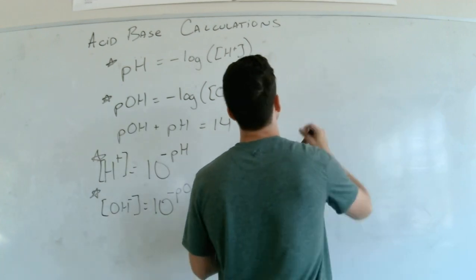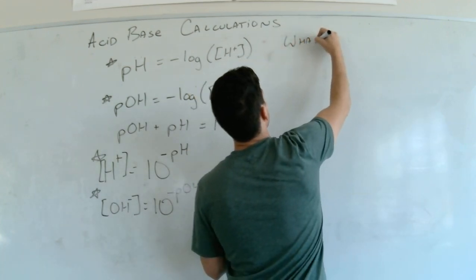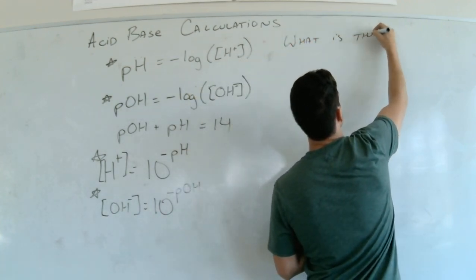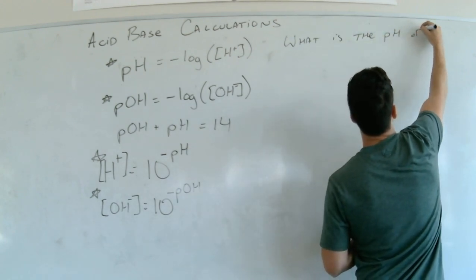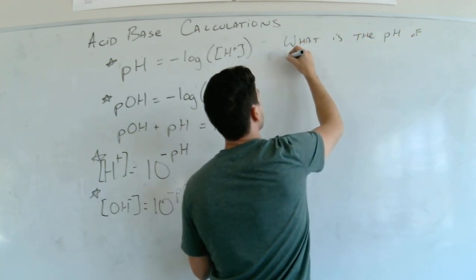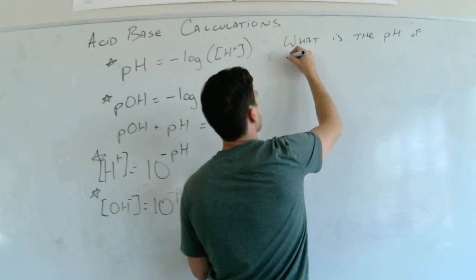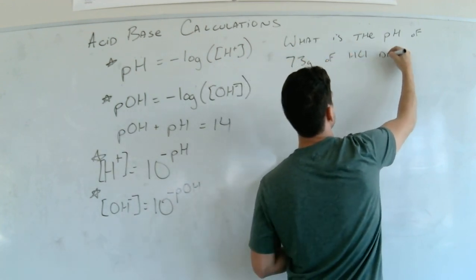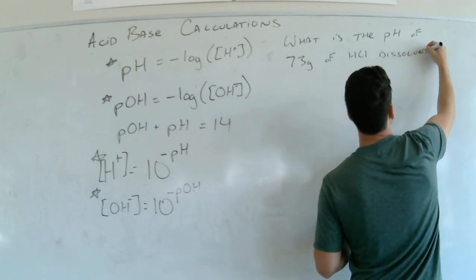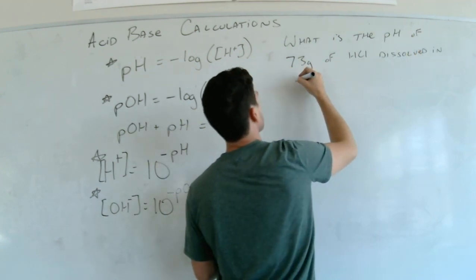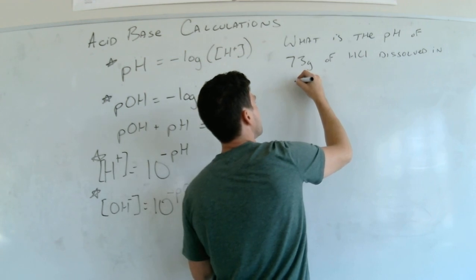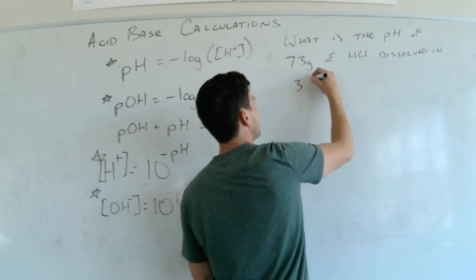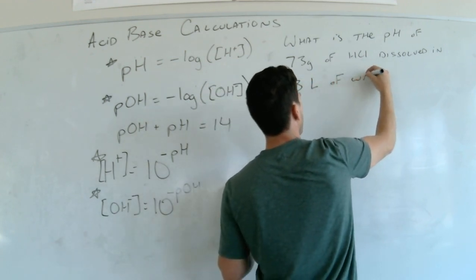What is the pH of, let's go with 73 grams of HCl dissolved in, let's go with 3 liters of water.